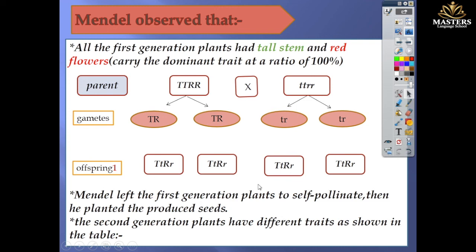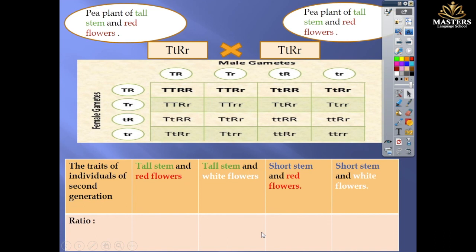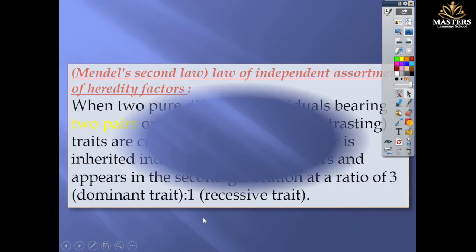Each trait is inherited individually, separated. After that, what about the second generation? The second generation or the second offspring carry the traits at a ratio of 3 dominant to 1 recessive.